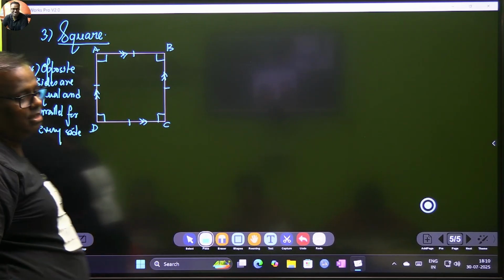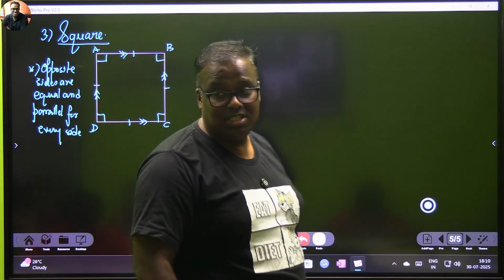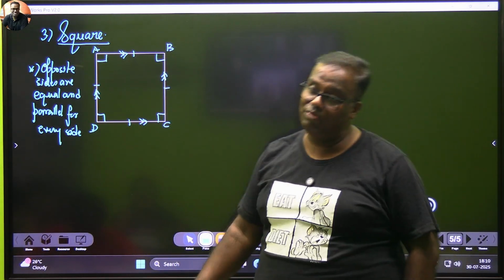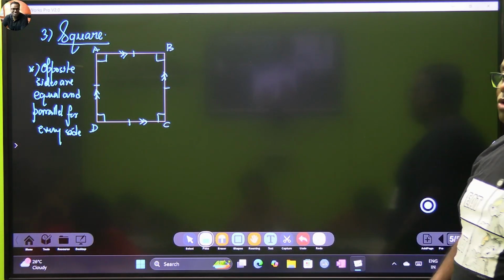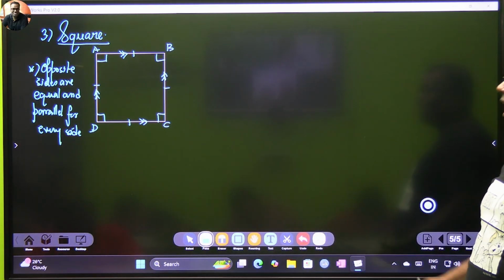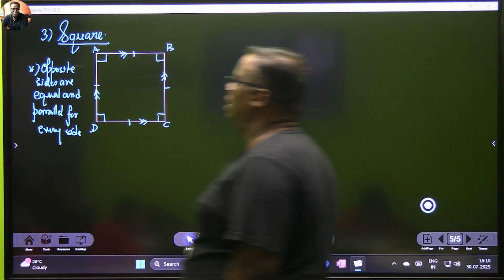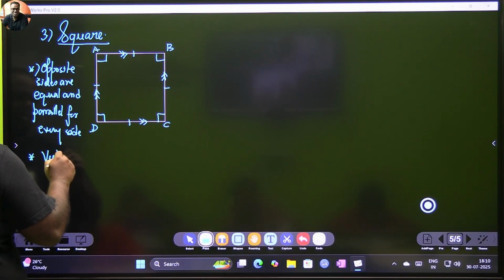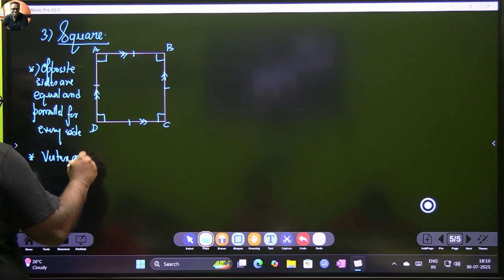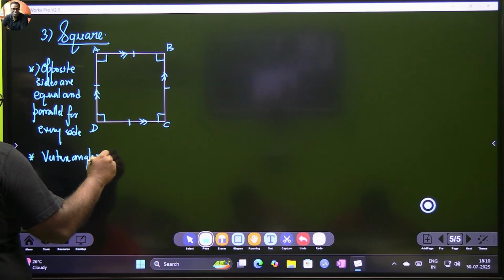That's what I said. Now look at the statement. Opposite sides are equal and parallel for every side. Have you understood? All 4 sides. Now try to think. And every vertex angle will be equal to 90 degree. That's my second one. The vertex angles will be equal to 90 degree.